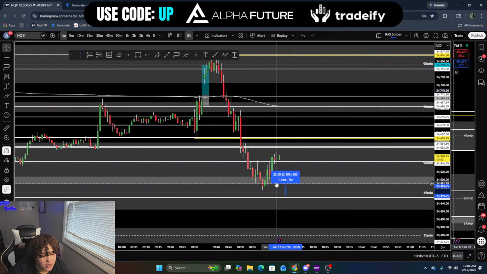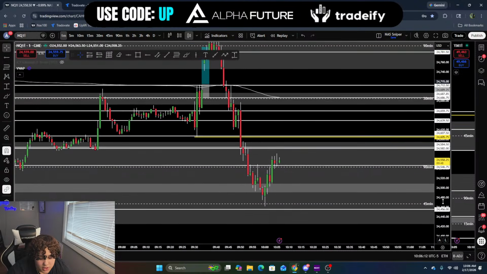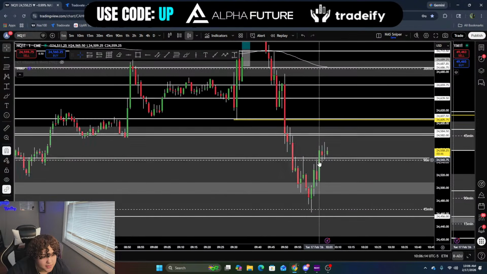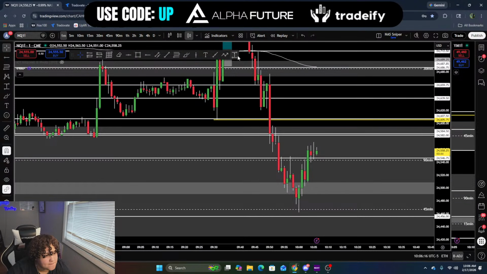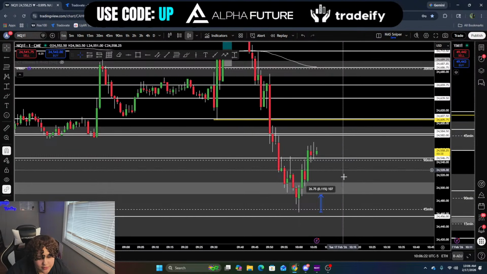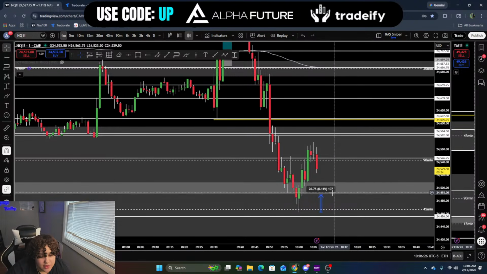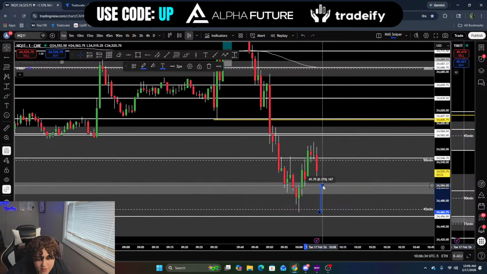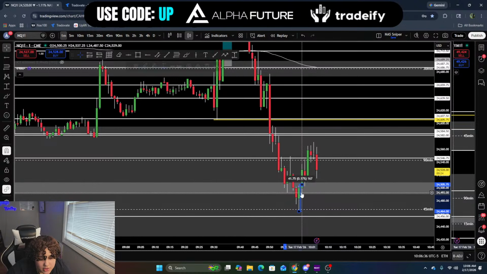Oh yeah, the 1 minute candlesticks are actually crazy. You just know the volume is crazy when you go down to the 1 minute time frame and measure a 1 minute candlestick. For example, this one right here is 40 points or almost 170 ticks, which is quite a bit for a 1 minute candle.